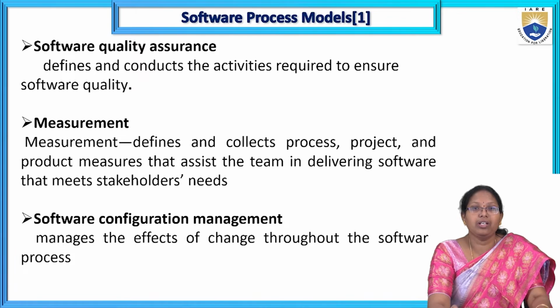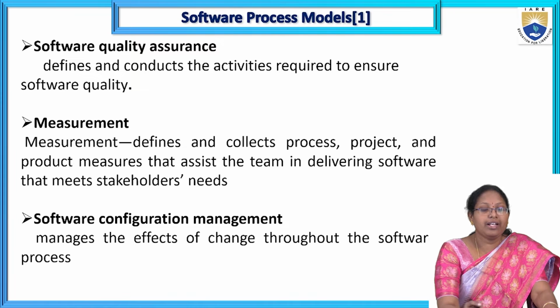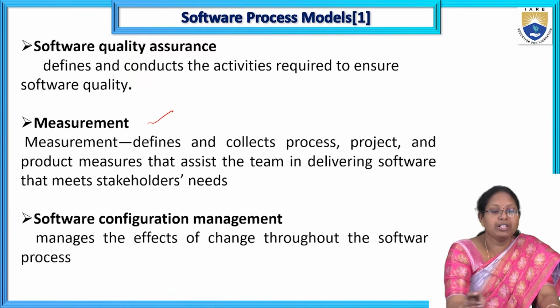Next, the other activities under the umbrella activities in the software framework. Those are software quality assurance, to check the quality of the product, how we can assure the quality of the product. Next one is measurement.